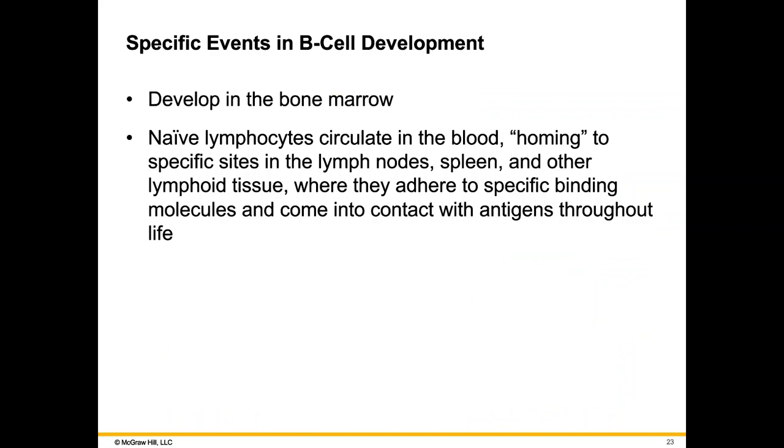So now let's look at our specific events that occur in B cell development. Again, this is going to occur in the bone marrow. Initially they are what we consider naive B cells, and they are considered naive because they have not come into contact with an antigen that is foreign yet. Essentially, during this developmental phase, the naive B cells circulate the blood and travel to different areas and basically learn what is self.